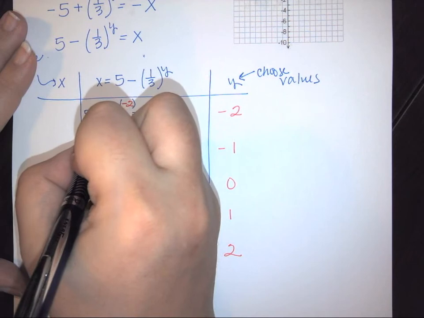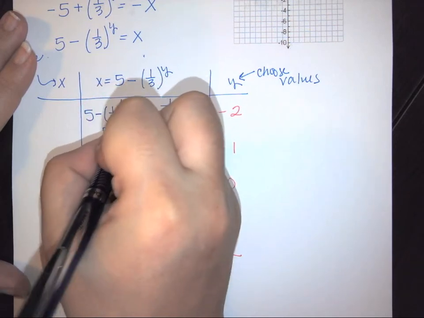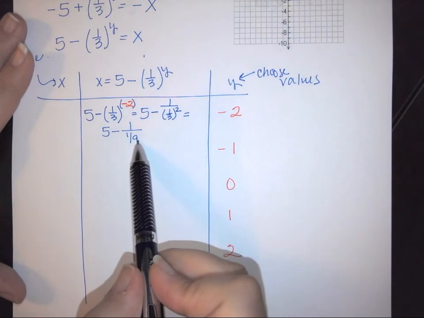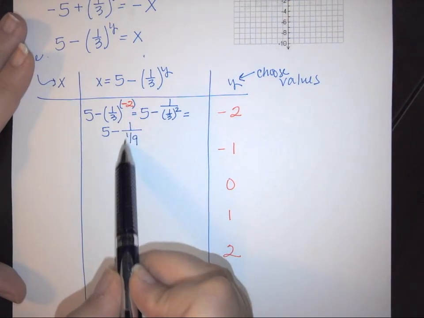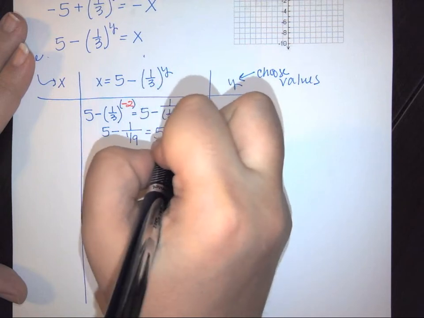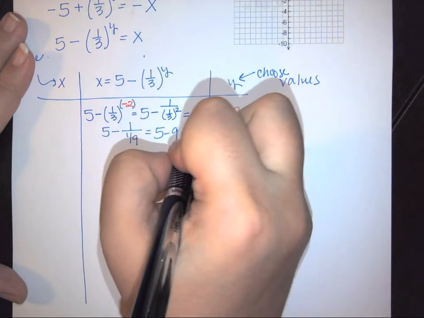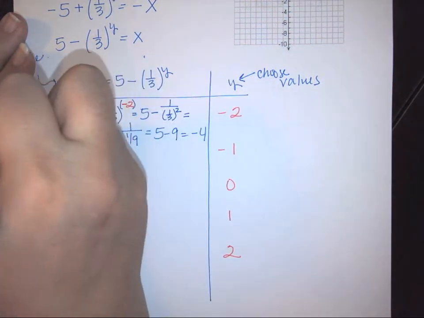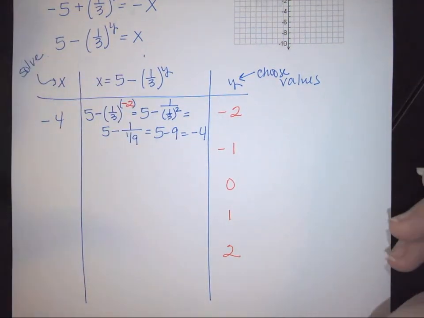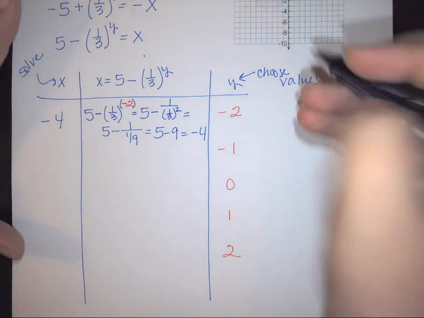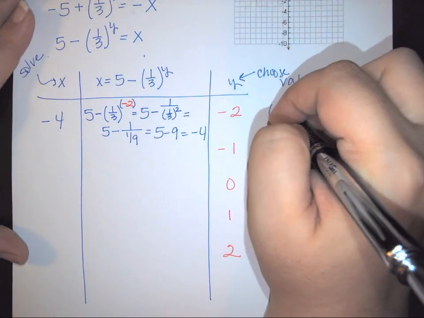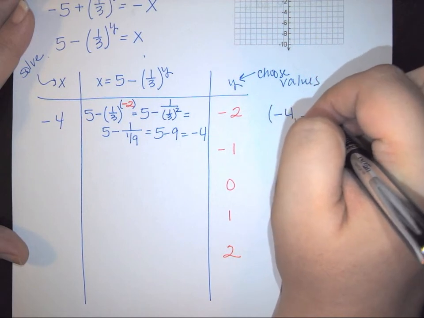So here we're going to have 5 minus 1 over my 1/9. Fraction rules say keep the top, multiply by the reciprocal of the bottom. Makes this the same as 5 minus 9, which is a -4. So we get a -4 as this result. Again, if it helps you keep things a little bit clearer, you can write the coordinate point next to it. So this is the point -4, -2.